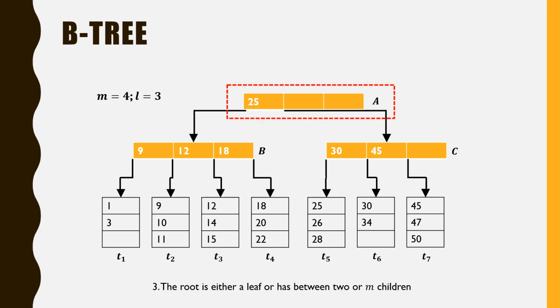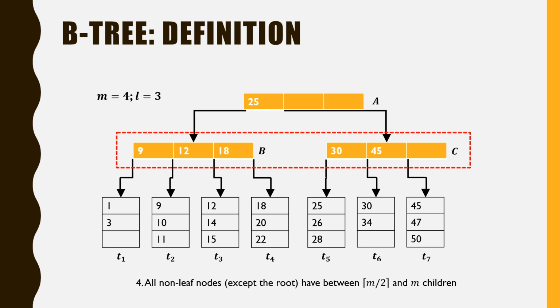The third property specifies that the root must have between 2 to m children. In our example, the root has 2 children, which satisfies this requirement. The fourth property specifies that all other non-leaf nodes, except the root, must have between the ceiling of m over 2 and m children. When m equals 4, this means that non-leaf nodes can have between 2 to 4 children.